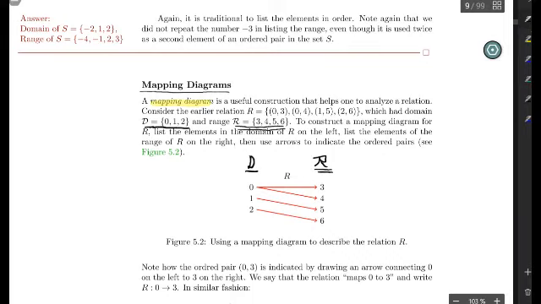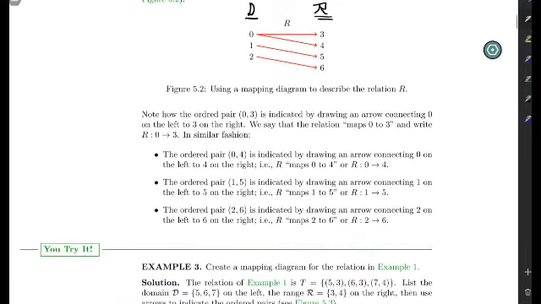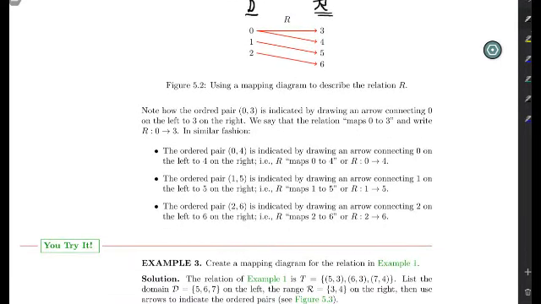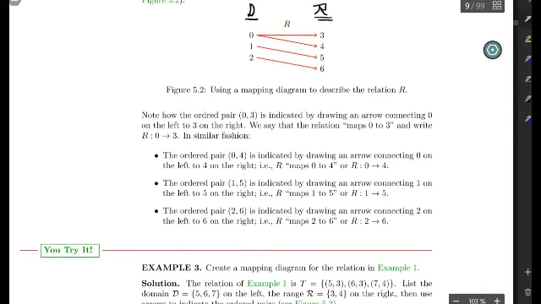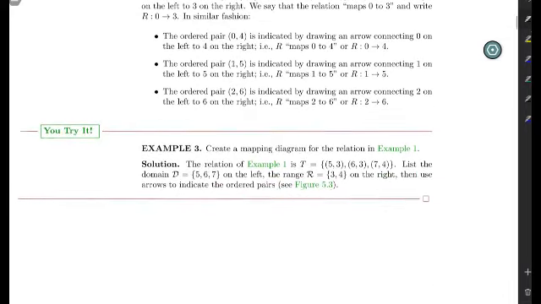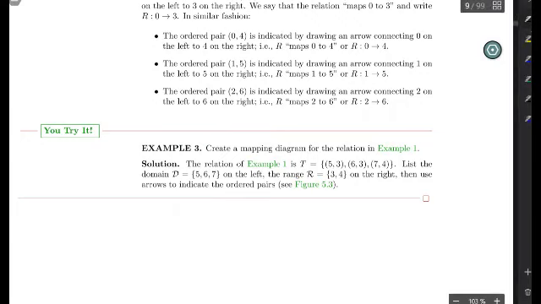And then you draw arrows from the elements in the domain to their corresponding elements in the range. So we have some instructions or some descriptions of how these arrows were drawn here, and we will proceed by an example. Looking here at example 3, in fact, create a mapping diagram for the relation in example 1.